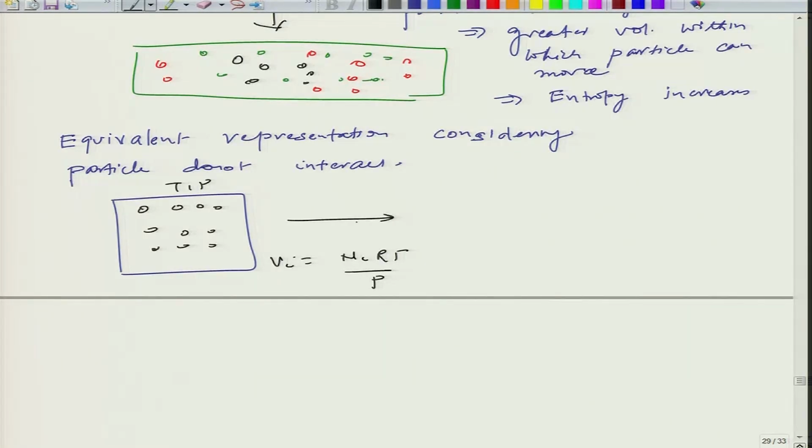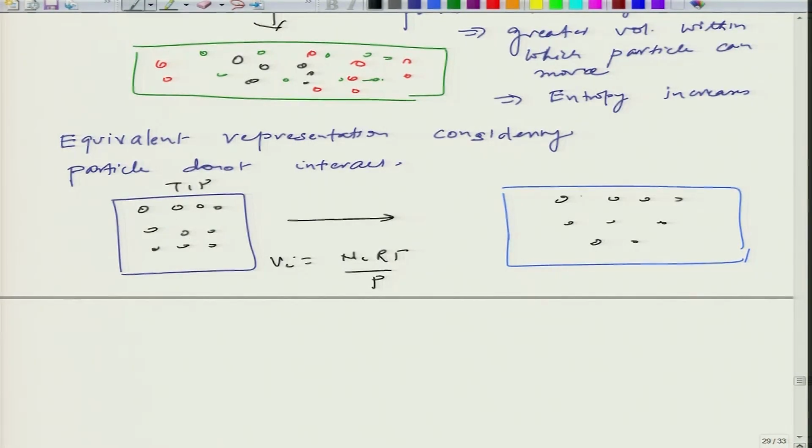Now, upon removing the partition, you have now a much bigger space, all right. The same set of particles now can access more volume here, but this is now temperature T and V, that is the total volume now, okay.